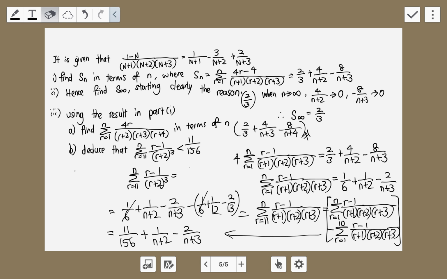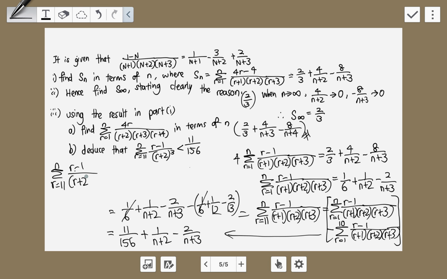This one I need more space, so I'm going to shift it over to this side. So the sum from r equals to 11 of r minus 1 over r plus 2 cube. Okay, we know that this term is smaller than this term.